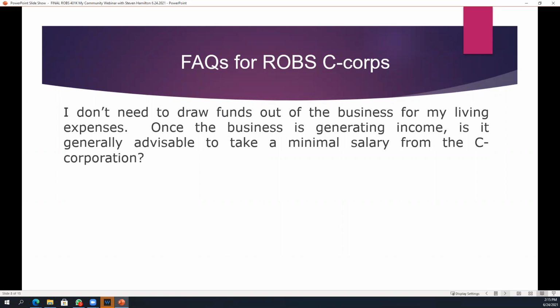If you fail to pay a market salary, in the event of an examination by the IRS, you could be deemed by not taking a salary to inadvertently be creating excess benefit to your retirement account, which owns shares of the C Corporation.